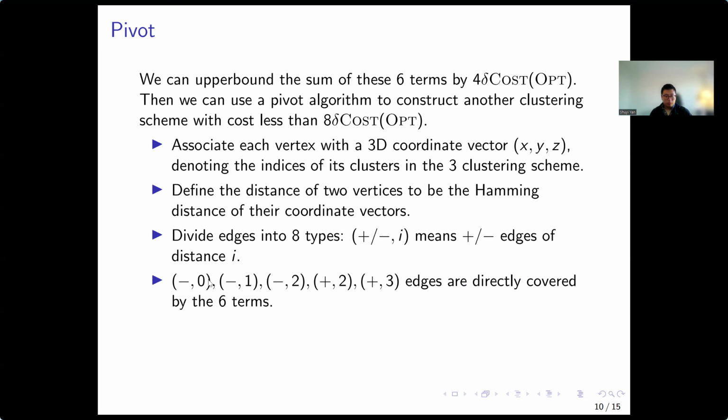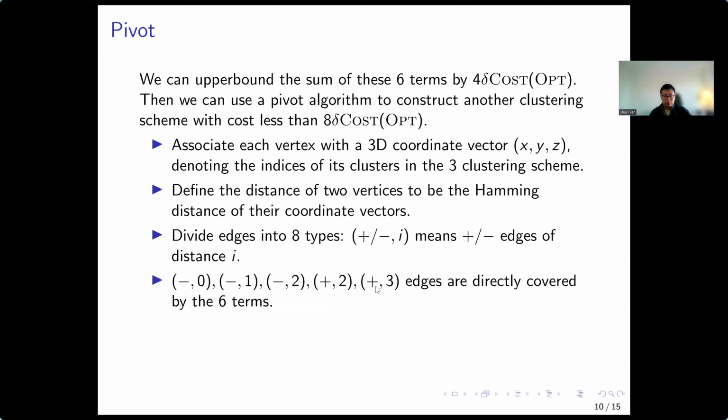Okay. Then we will find that 5 of the 8 types are actually covered by 6 terms. If we look at -0, -1, and -2, these edges are paid in at least one of the solutions. So they are covered in the sum of the minus cost of the 3 solutions.